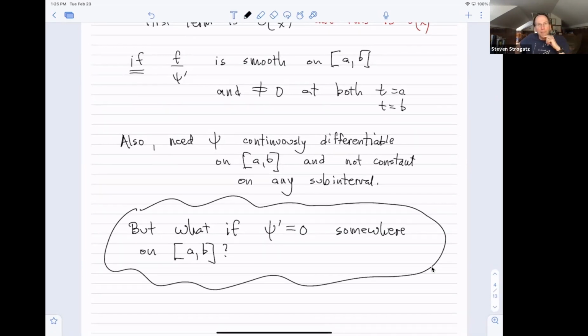I'm highlighting that because this is the issue with stationary phase. A point of stationary phase is going to be a point where psi prime is 0. So let me try to explain why that's of so much interest.